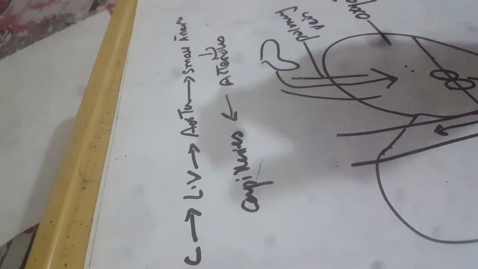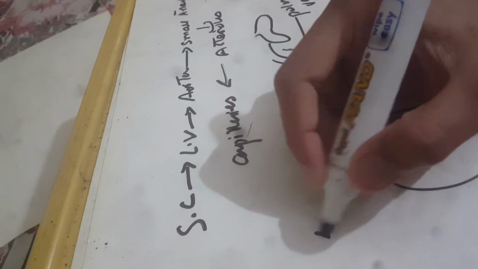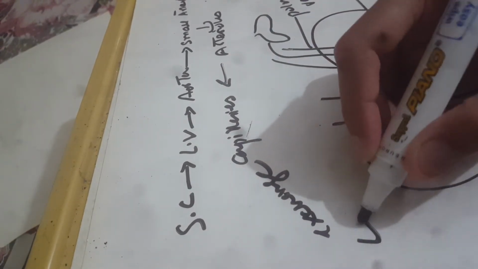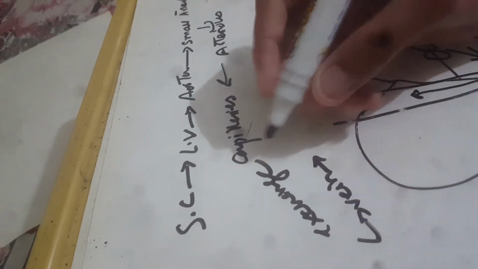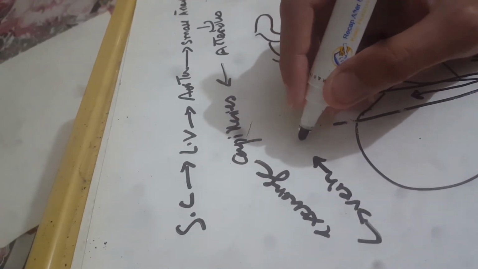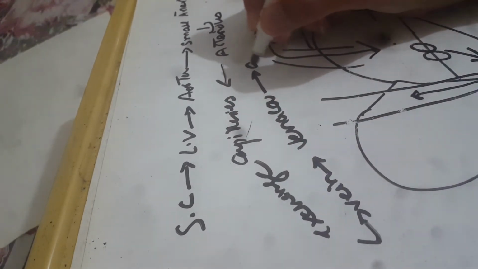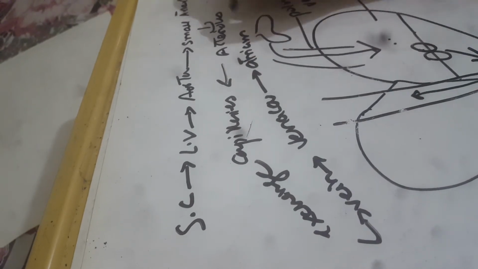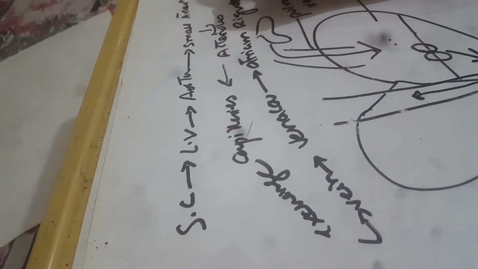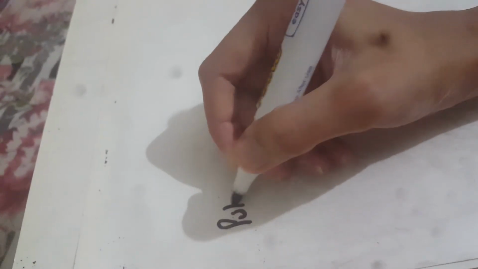In the capillaries, the exchange takes place. From the capillaries, it becomes veins, from veins there are venules, and then they become the vena cava, and they return back to the atrium. Which atrium is this? This would be the right atrium, because deoxygenated blood comes into the right atrium. Now I'll tell you in summary about the pulmonary circulation and the systemic circulation.